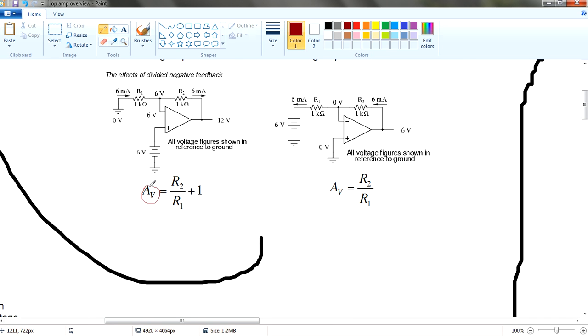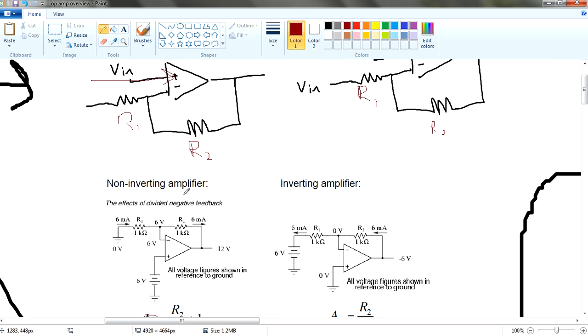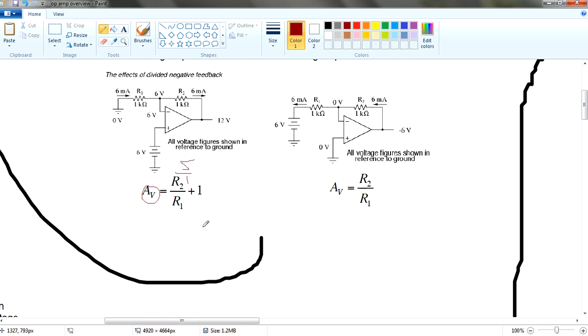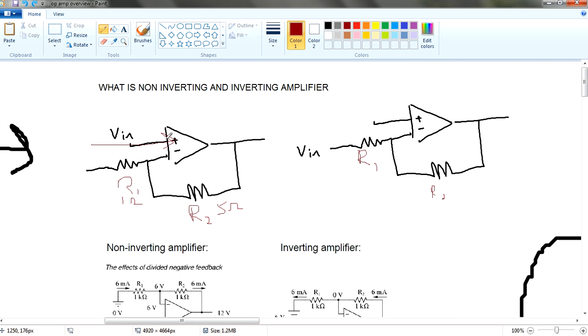If this is 5 ohm and this is 1 ohm, you have a gain of 5 over 1 plus 1, so you have a gain of 6. So these are the key notes for the inverting and non-inverting amplifier.